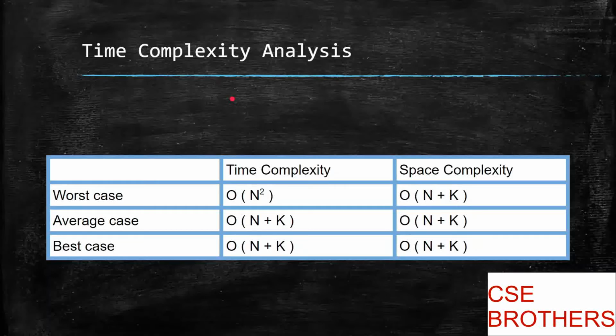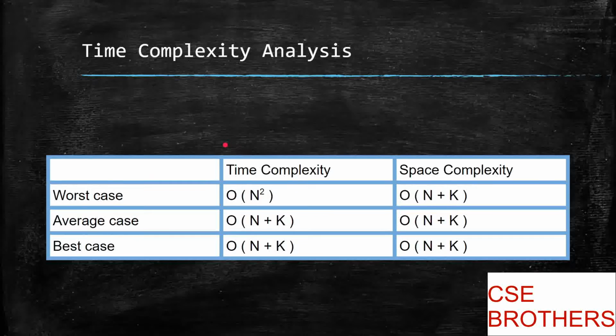The last thing is time complexity analysis of bucket sort. In the worst case, data would not be uniformly distributed. So the time complexity of bucket sort would highly rely on the time complexity to sort each bucket individually, because most of the data elements would be inserted into one bucket.